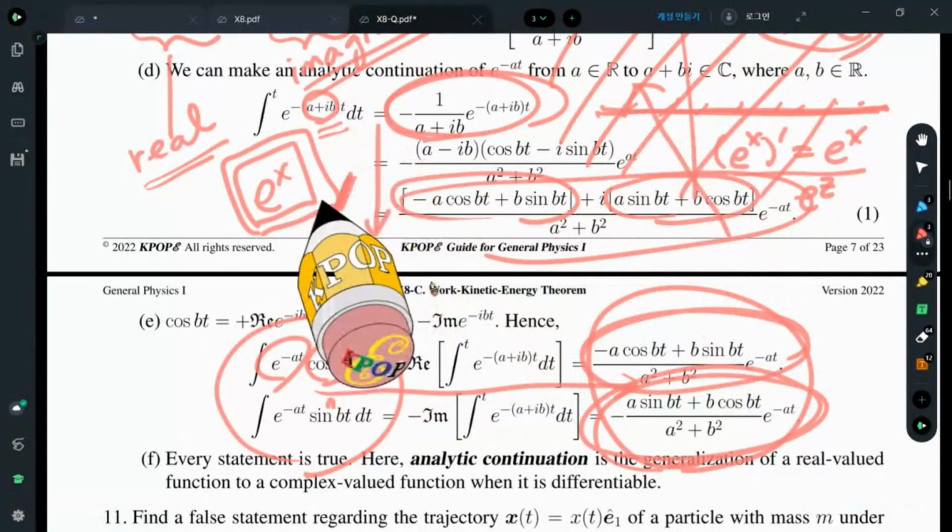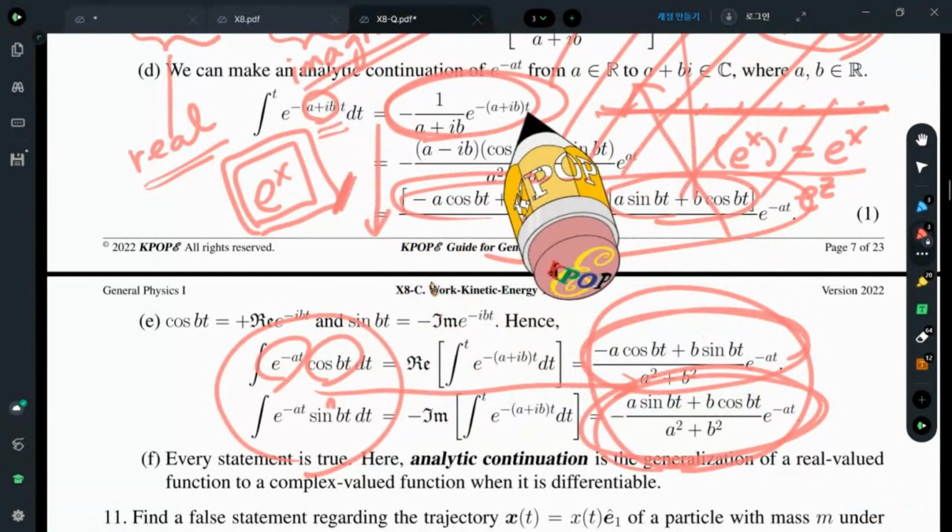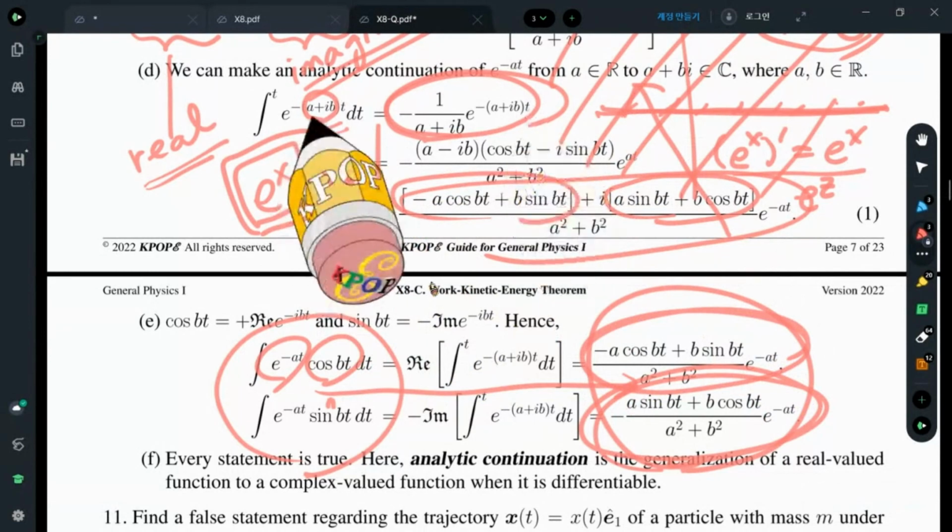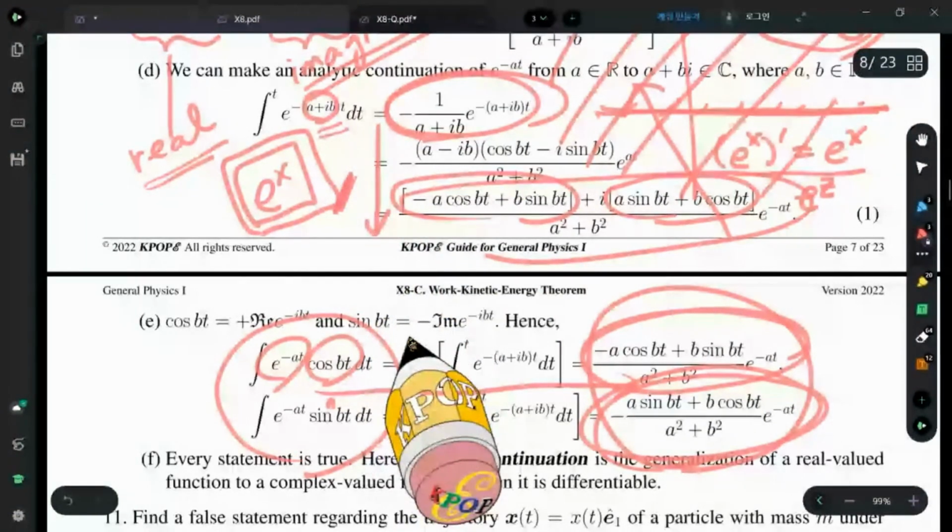So I would like to let you be familiar with this complex variable analysis. It's not a serious problem.